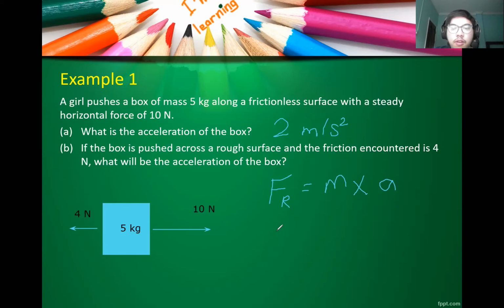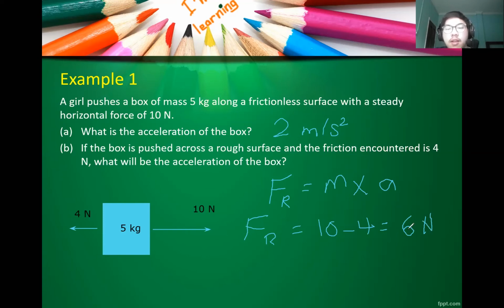So what is the resultant force? You have 10 newtons to the right, 4 newtons to the left. So it's just a matter of 10 minus 4. The resultant force is 6 newtons to the right.